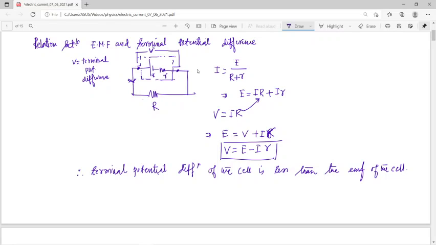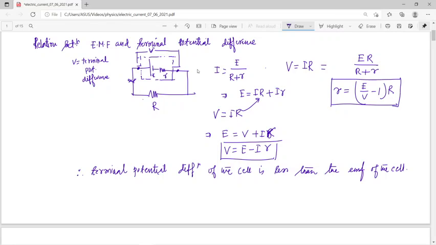Now if we put this, because we know that V is equal to IR, in place of I we can write ER by R plus r, that is V. So the small r can be written as E by V minus 1 multiplied by capital R. That is the internal resistance of the circuit.